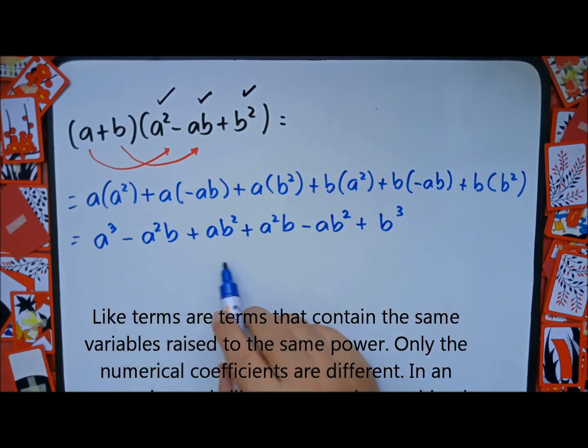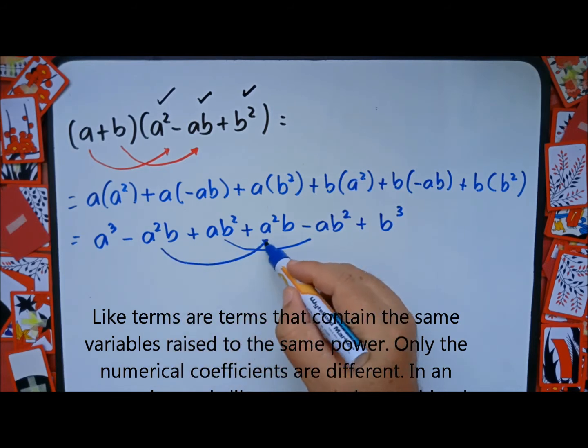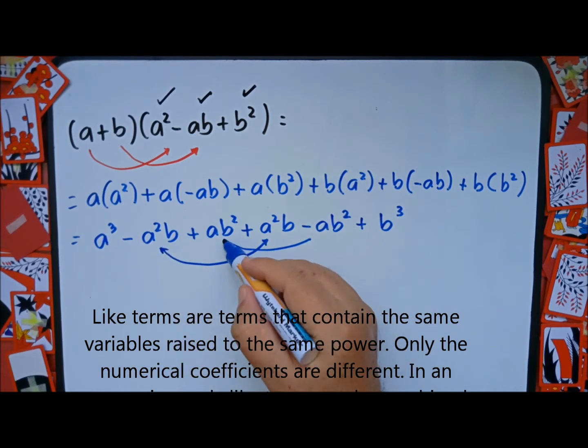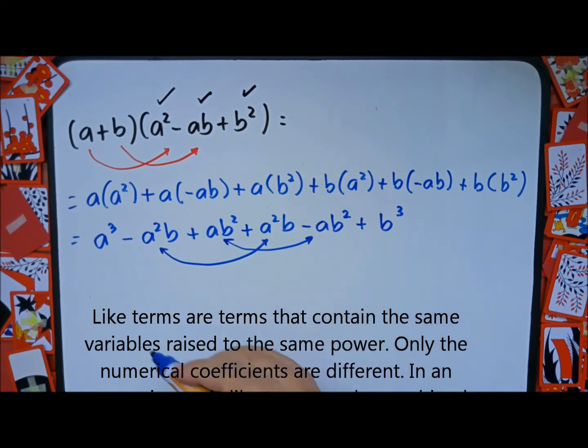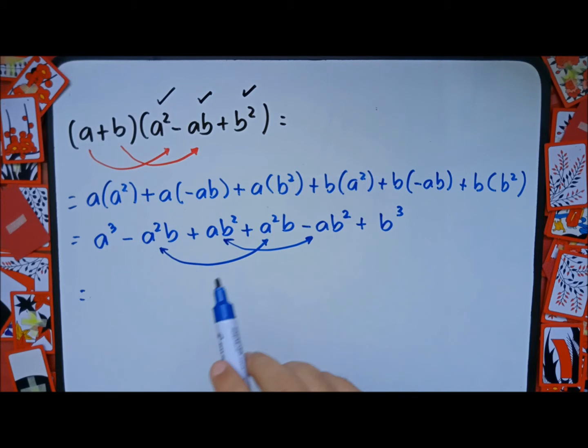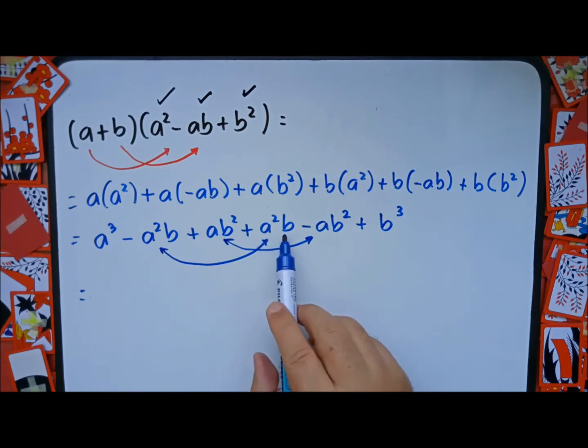Are there like terms? Yes. These two are like terms. And these two are like terms. Why? Because they have the same variable, same exponent. So negative 1a squared b plus 1a squared b.